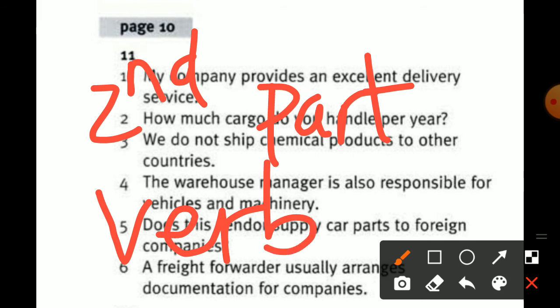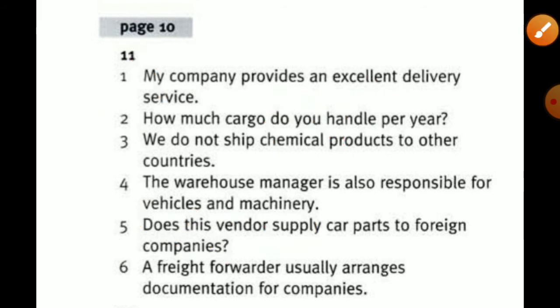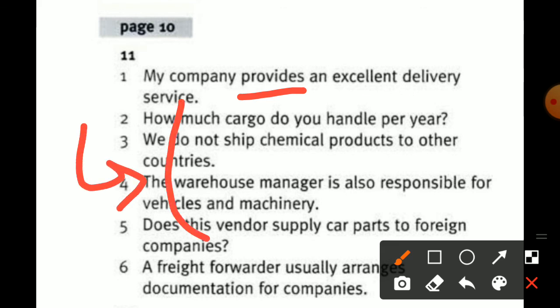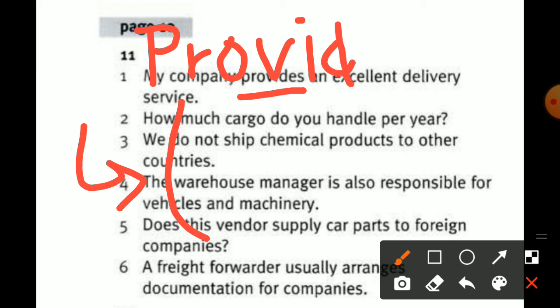Then you just underline it. For example, here I underline it like that, and then try to translate it like this. You rewrite it out. Provide. Alright, and then you translate it here.